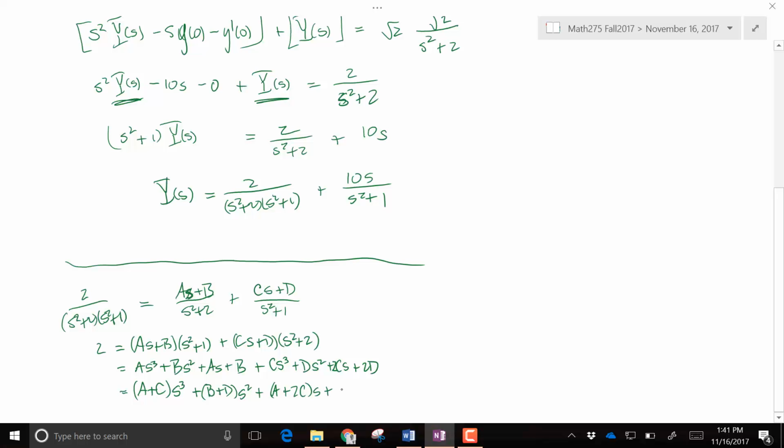And the constants. So the constant is going to equal 2. B plus 2d is equal to 2. And then there's another b and d together.